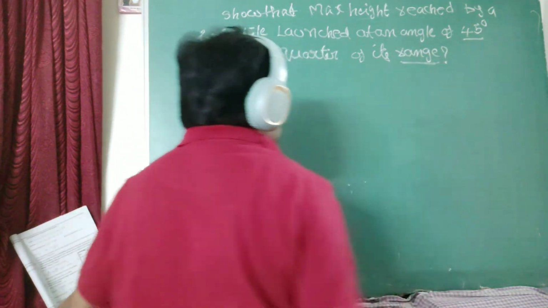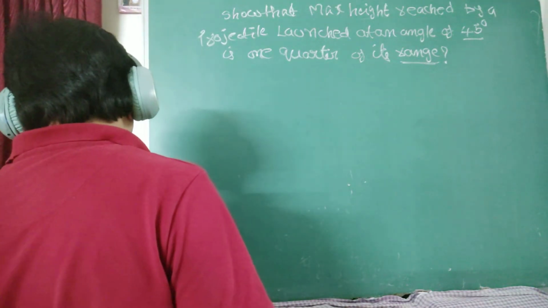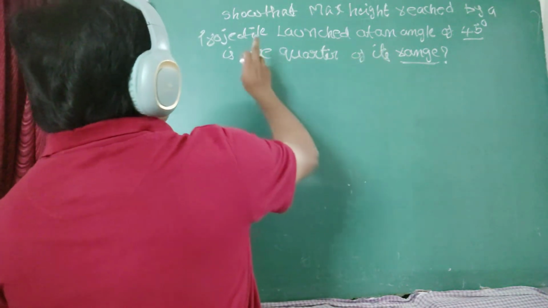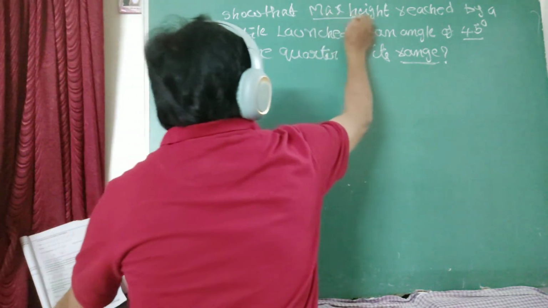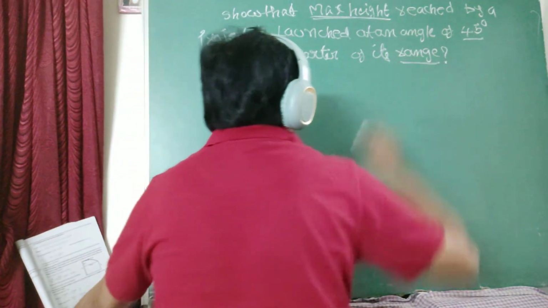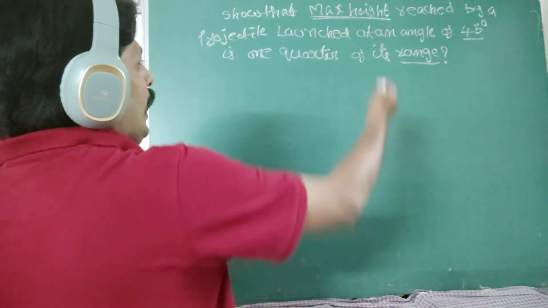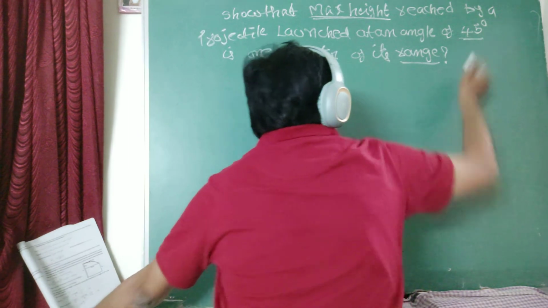This is the basic condition. How to find this value? Here, show that the maximum height you want to calculate, and the other one in terms of range, is the relation you want to obtain from the given statement.